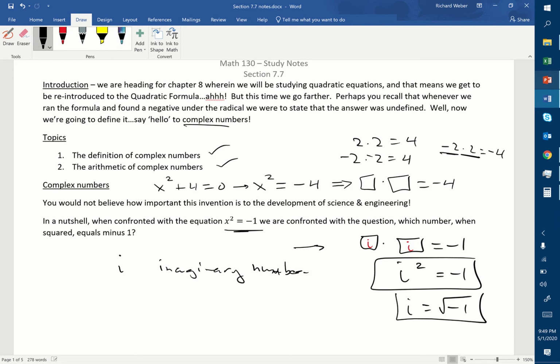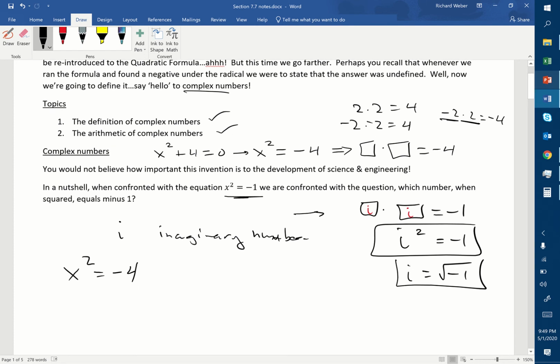If we go back to x squared is equal to negative 4, we can start making more progress with that one too. So x is equal to, let's see, the square root of negative 4 maybe.